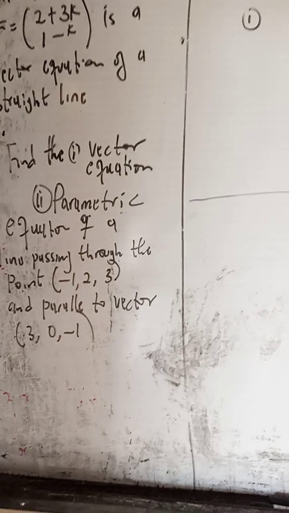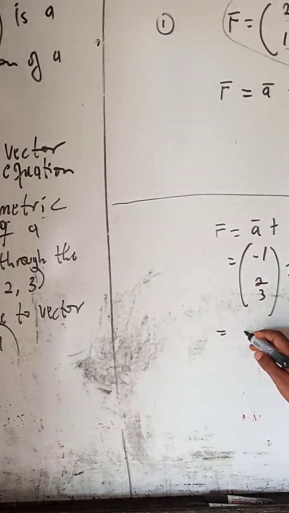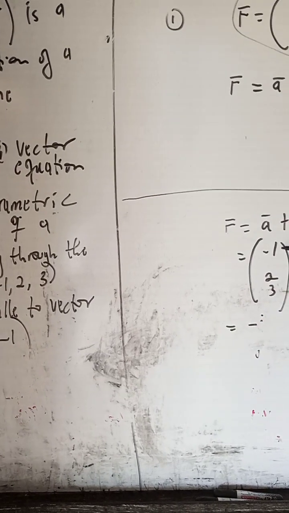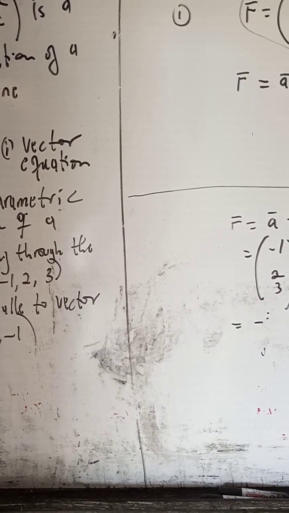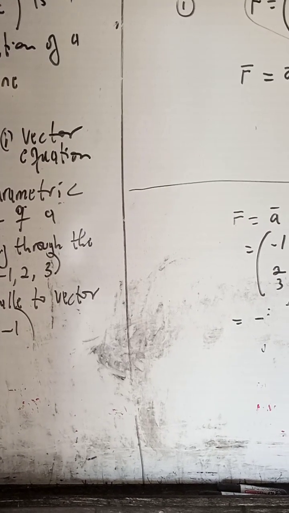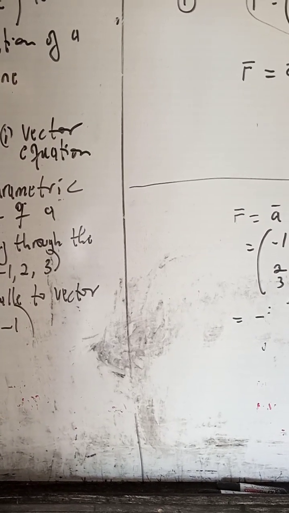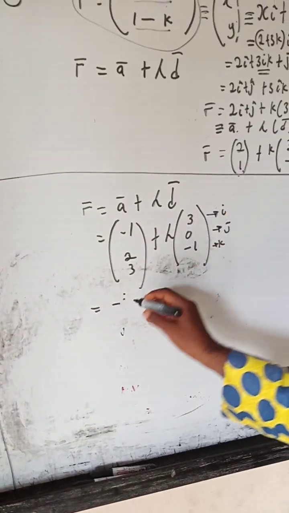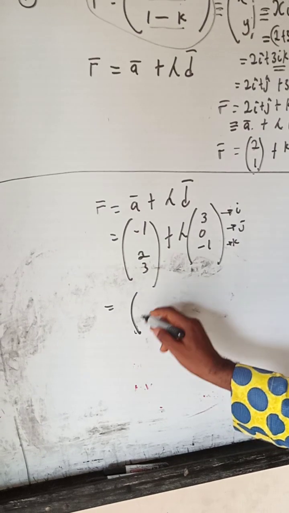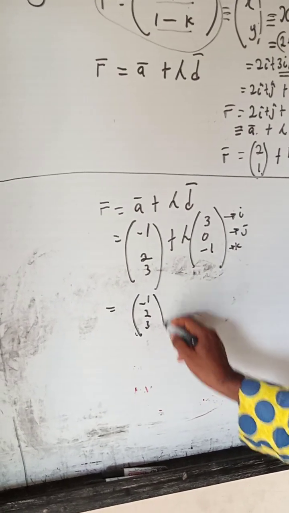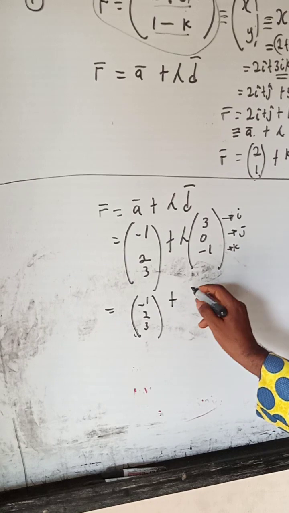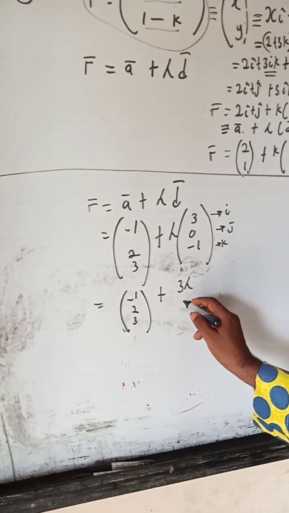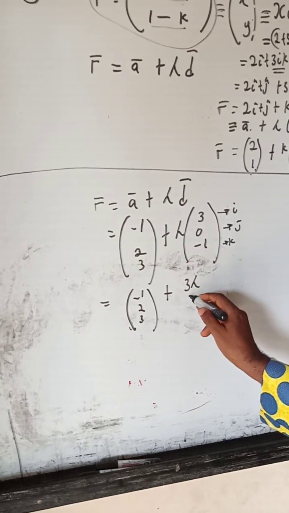So if I open this bracket, this one can be written as minus 1. All the ones I'm having on top here are for i, followed by j, then followed by unit vector k. So before I put the unit vectors, let me rewrite this the way it is first. Minus 1, 2, 3. Then multiply this one out. That's plus 3 times scalar multiplication, lambda. Then lambda times this one gives us 0.